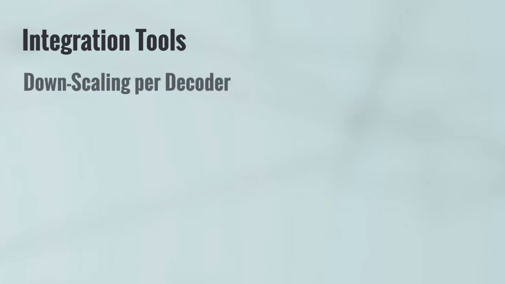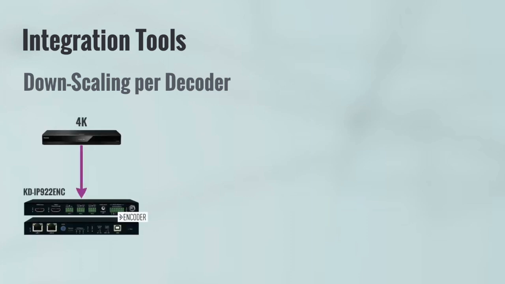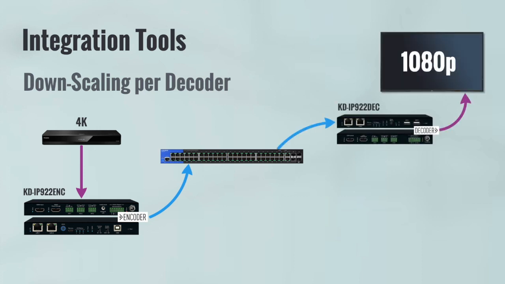But as a really fantastic feature, you can have a connected 4K source be fed into your enterprise AV over IP system, and now decoders can downscale incoming 4K signals to 1080p.